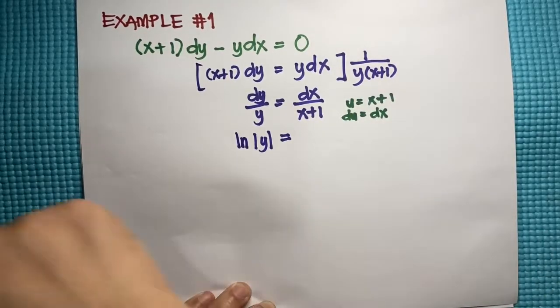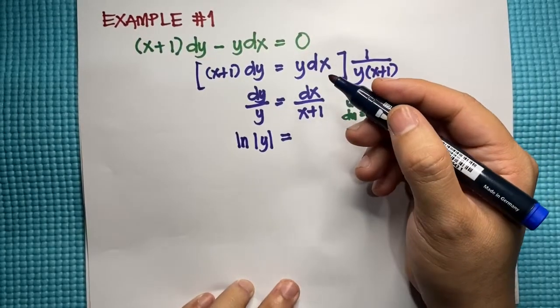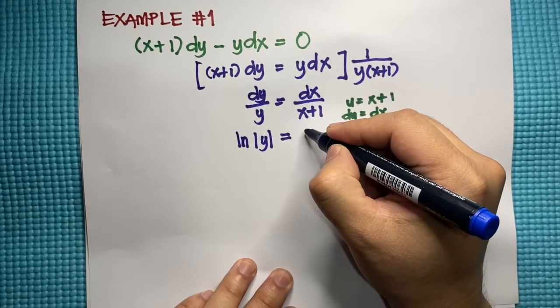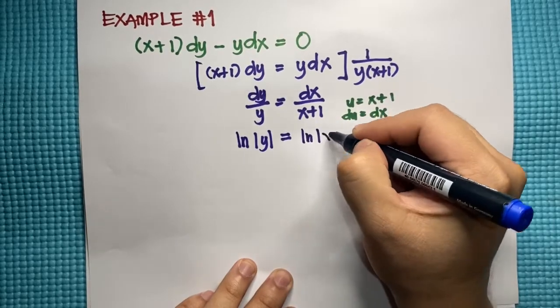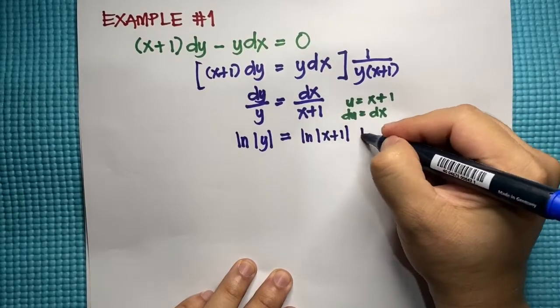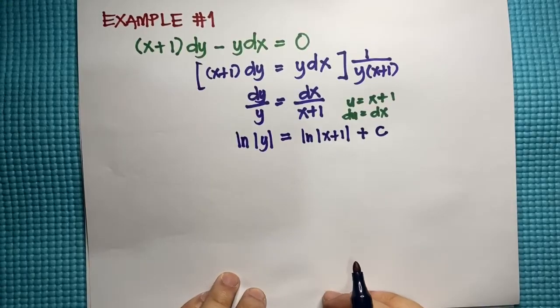So in such case, the integral of dx over x + 1 would be equal to ln of x + 1, and of course plus our constant c.